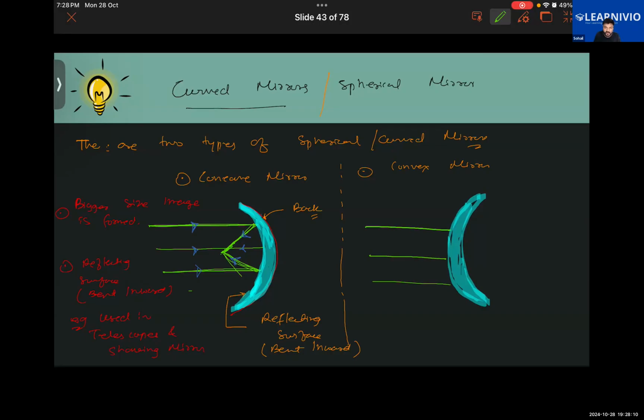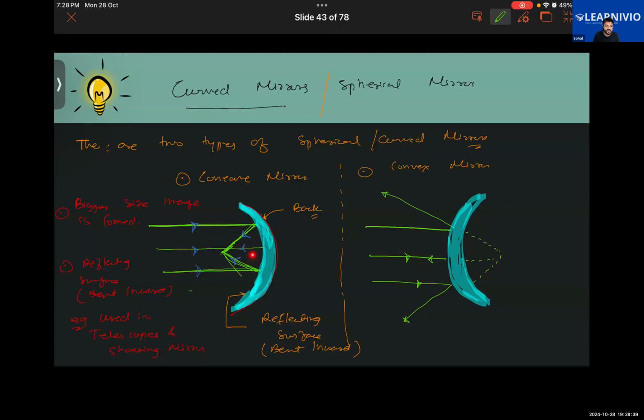We will extend them backward, and from there they will appear to be diverging. As the rays of light fall on this, they will diverge into different directions, like you guys can see here. So that is how the reflection of light takes place from the convex mirror. The rays will be diverging.